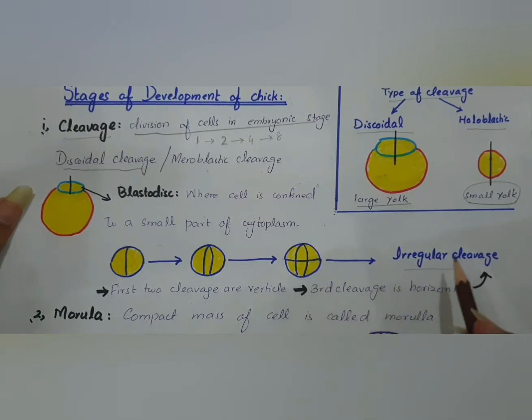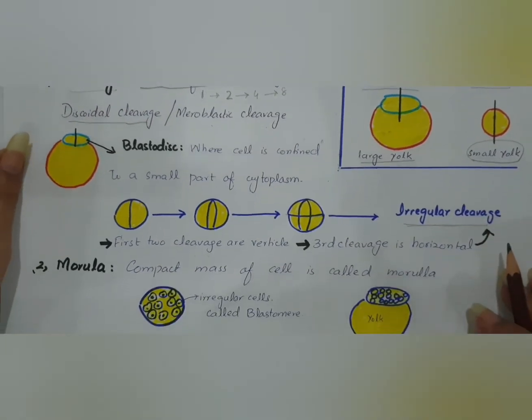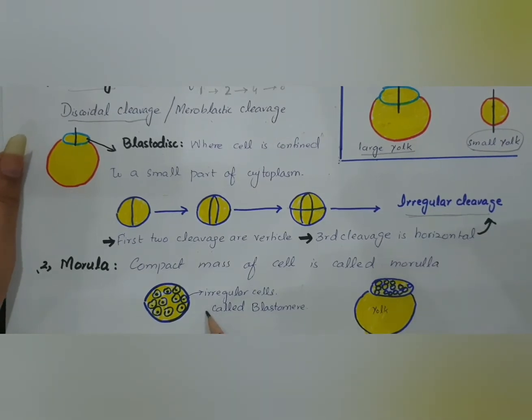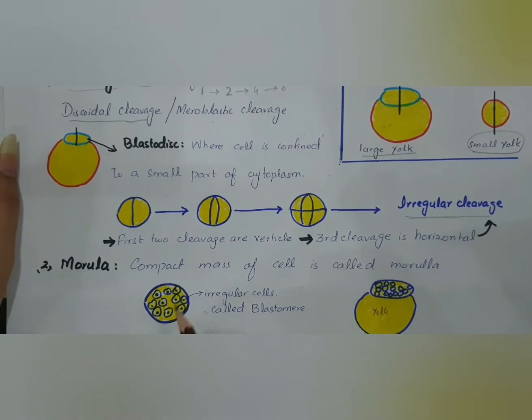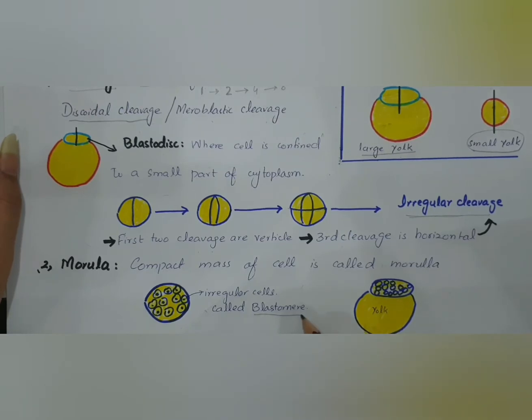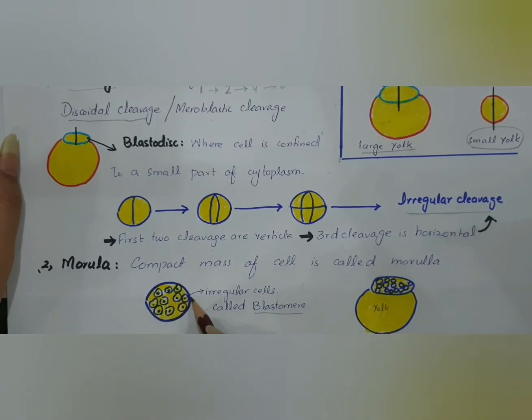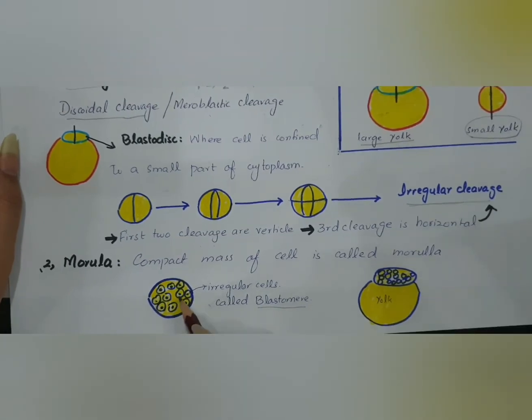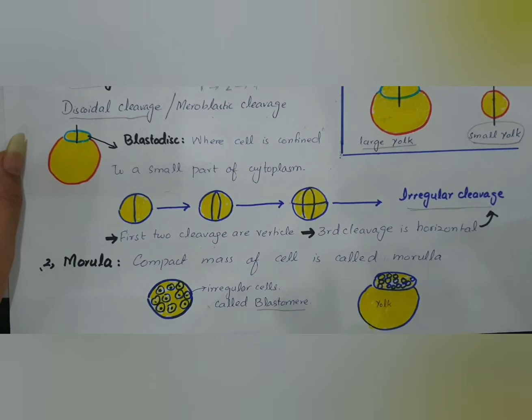Other than that, all other cleavages are irregular, and cleavages will occur until a compact mass of cells forms. That compact mass is called the morula. Here, a large number of cells will form, and these cells are called blastomeres. So each cell, as you can see here, 1, 2, 3, 4, 5 and so on, is called a blastomere.